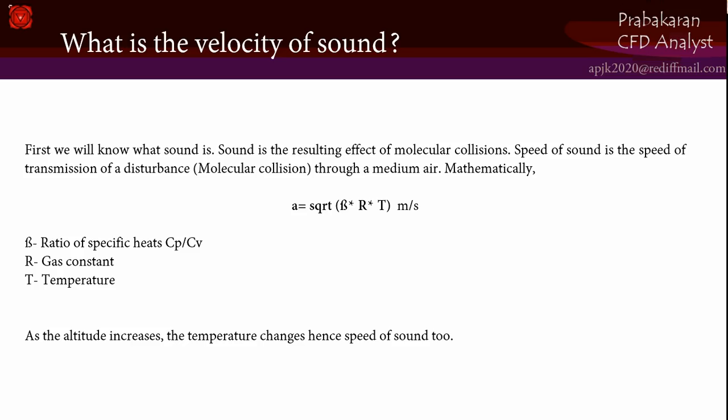Depending upon the altitude of the flight, the outside temperature will be different. So at that altitude, the velocity of sound is different. Okay, so velocity of sound differs with the altitude. This is the thing which we need to know.